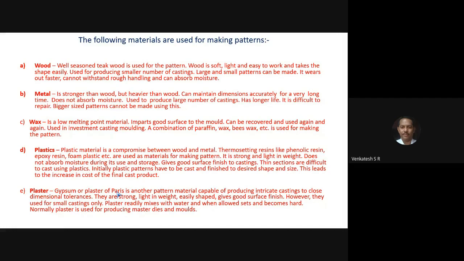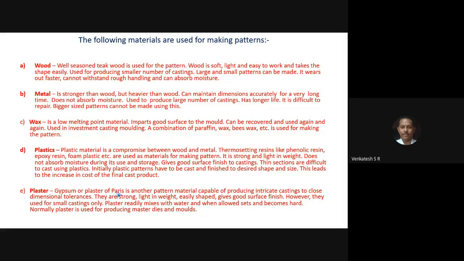After completion of this module, I will give you the complete notes, in which you have the explanation for the material used for making of pattern. Subdivision A, wood. All of you have heard of teak wood. Nowadays, furniture, door frames, window frames, all the items we use in our house are made of teak wood.